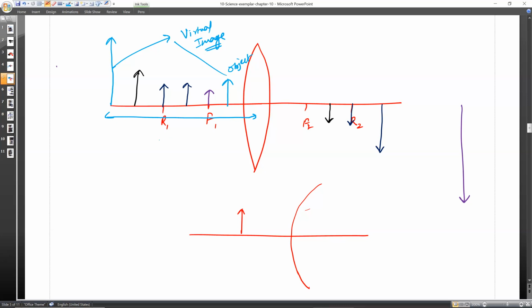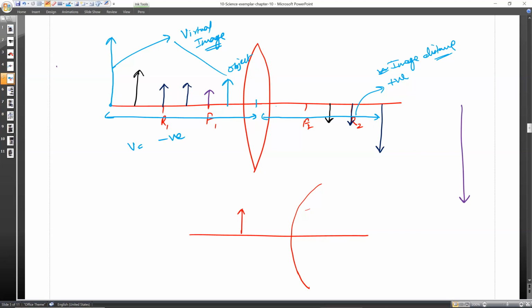It would be negative. Why? Because here the object distance is considered to be in the negative x-axis. So V should be negative. And the V for the real image will be positive. Got it? Image distance will be positive.